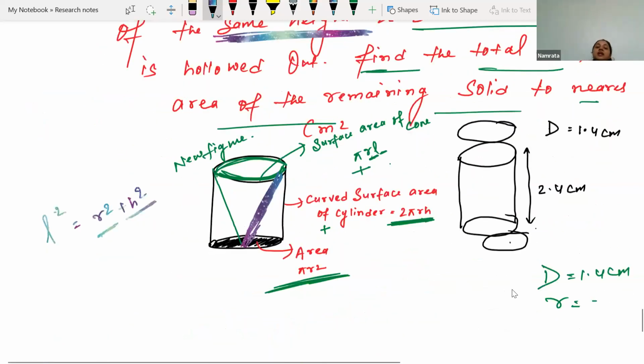By using the radius and the height, we will be able to take out the slant height. Once we have it, we just have to find each and every surface's area and add all of them together to get the total surface area of this new figure. Clear?